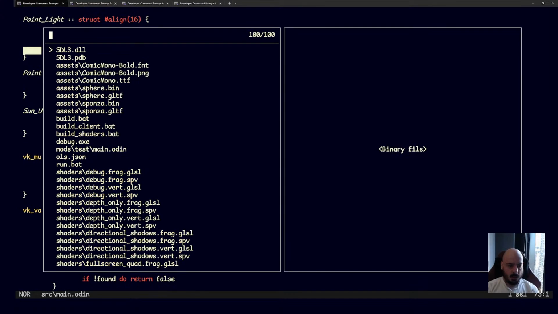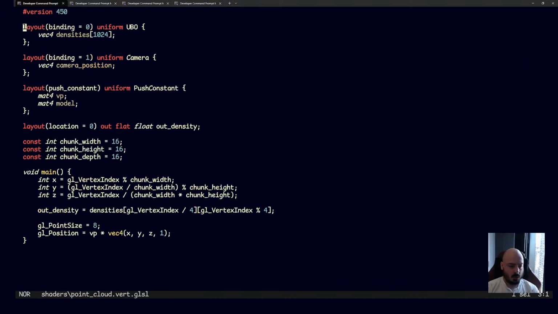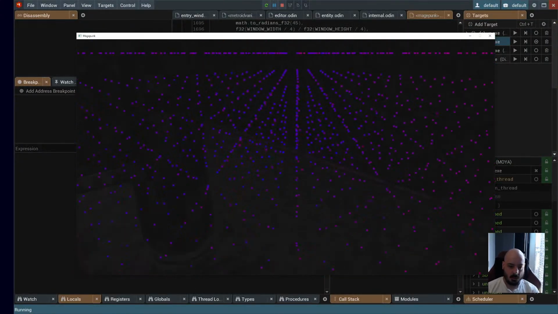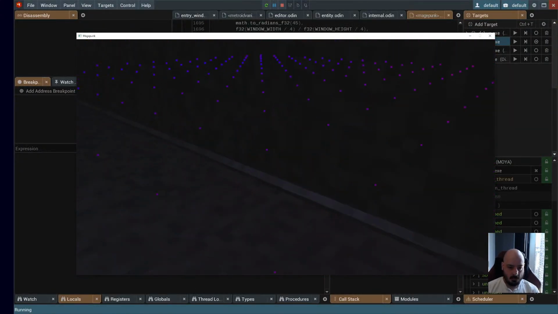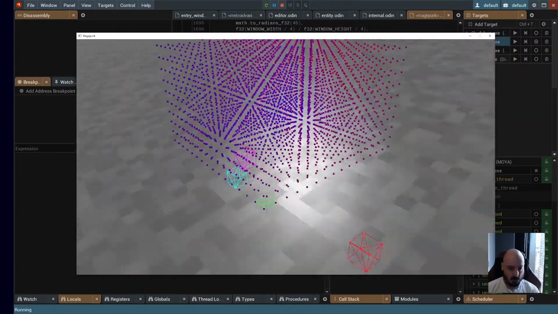But the thing I wanted to look at was the point cloud vertex shader, because given this density, we can also change the point size. The point size is 8 right now, so what does that mean? When I move close, it's really tiny, and when I'm further away, it's larger.